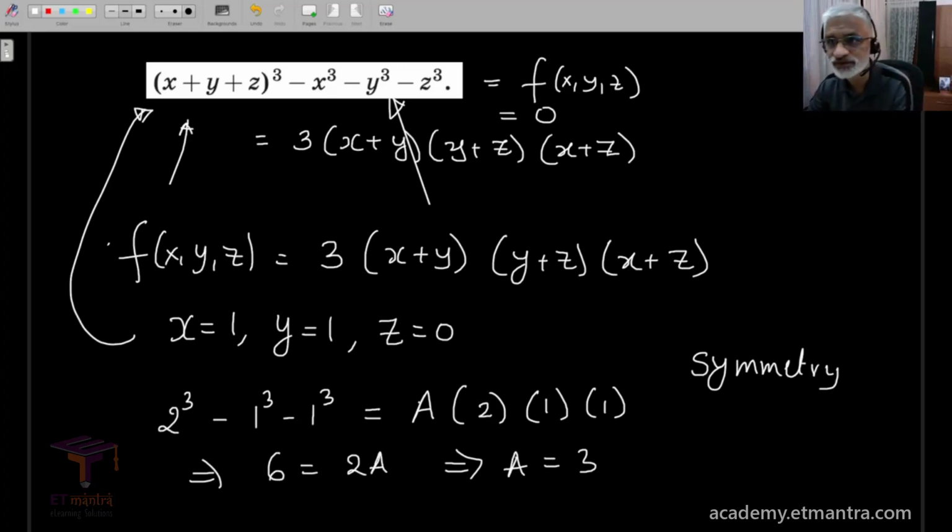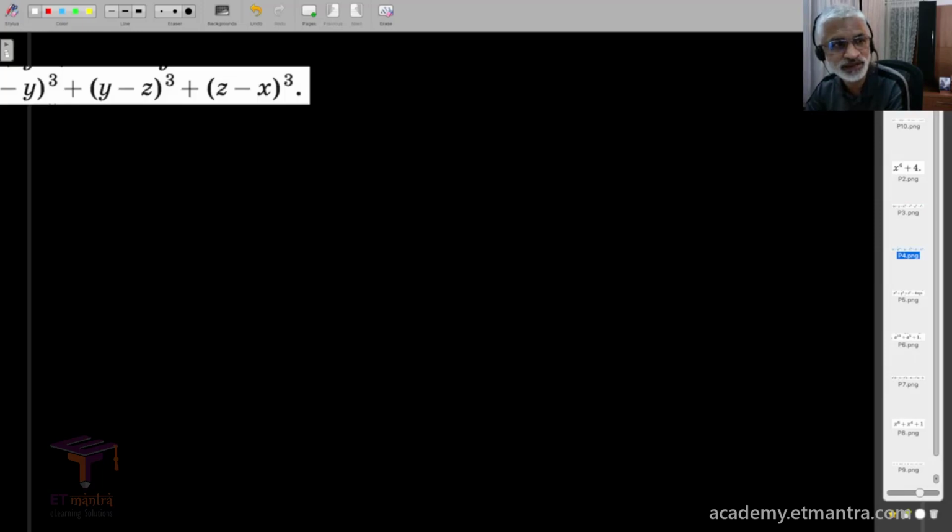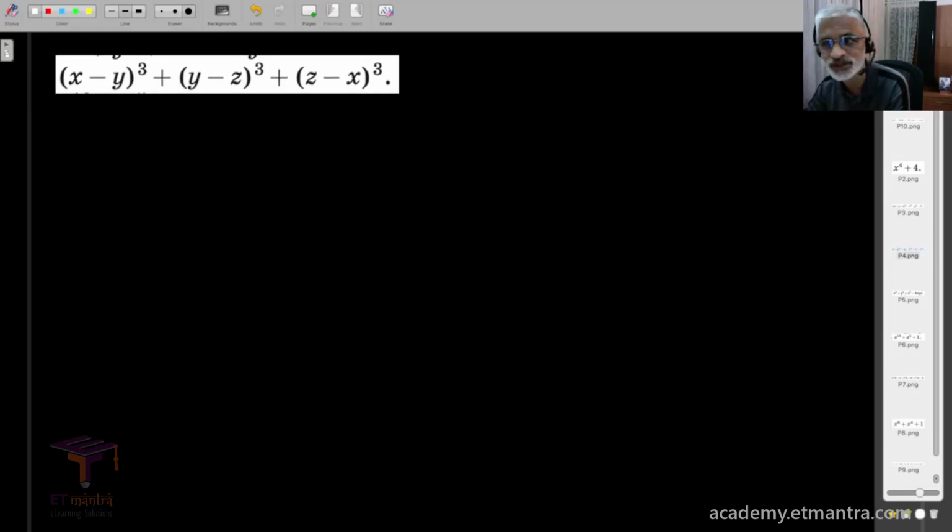Now, for the next problem, we should do it in at least 3 ways. And one of the answers for this problem is directly related to the problem we've just solved. So let's see how. So this is the question, and this is the polynomial, and it has got a neat answer.